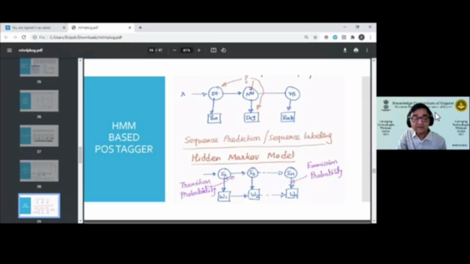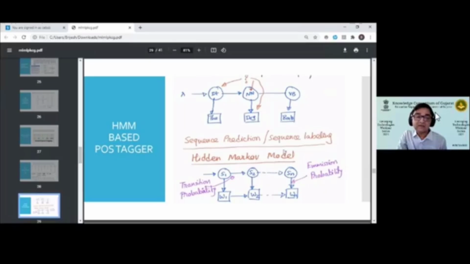Right? See, there are only three part of speech labels in this example, DT, NN and VB, so there are only three states to choose from. But S1 can be DT, NN or VB, S2 can be DT, NN or VB, S3 can be DT, NN or VB. Which value it eventually takes, or which state it eventually goes in, is decided by the current word that you are looking at.